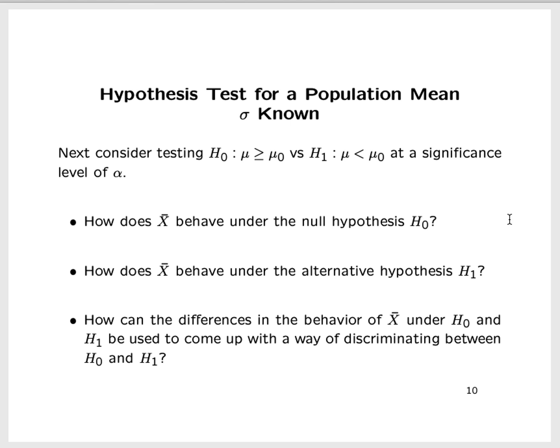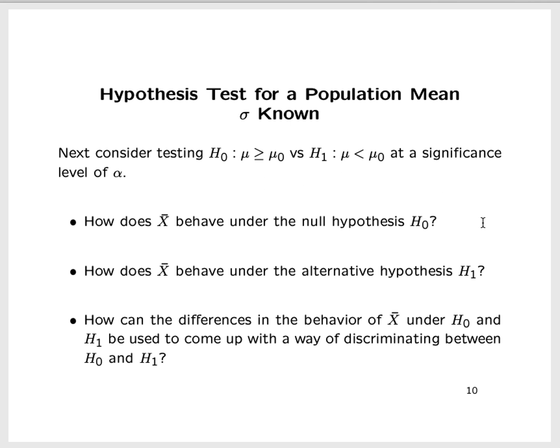So suppose we're interested in testing the null hypothesis that the population mean is greater than or equal to a hypothesized value or specified value of mu sub 0 against the alternative that mu is less than that value. And we want to do so at a significance level of alpha.